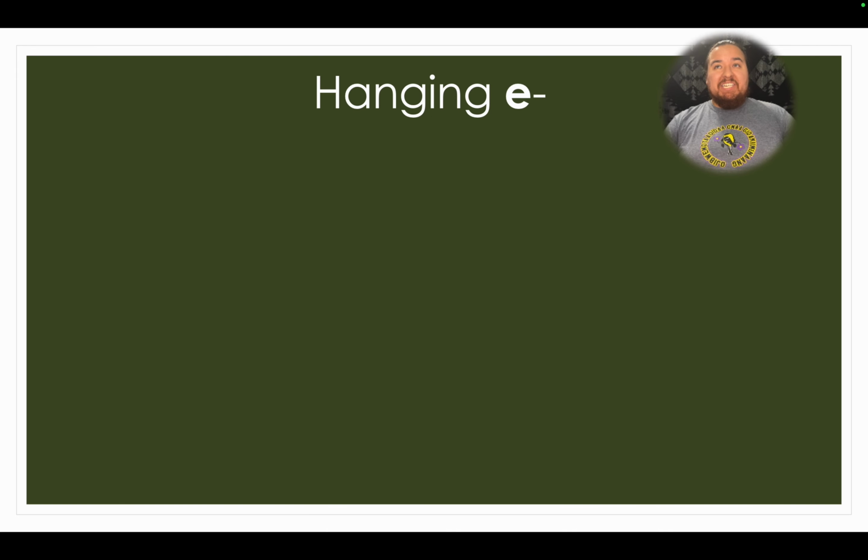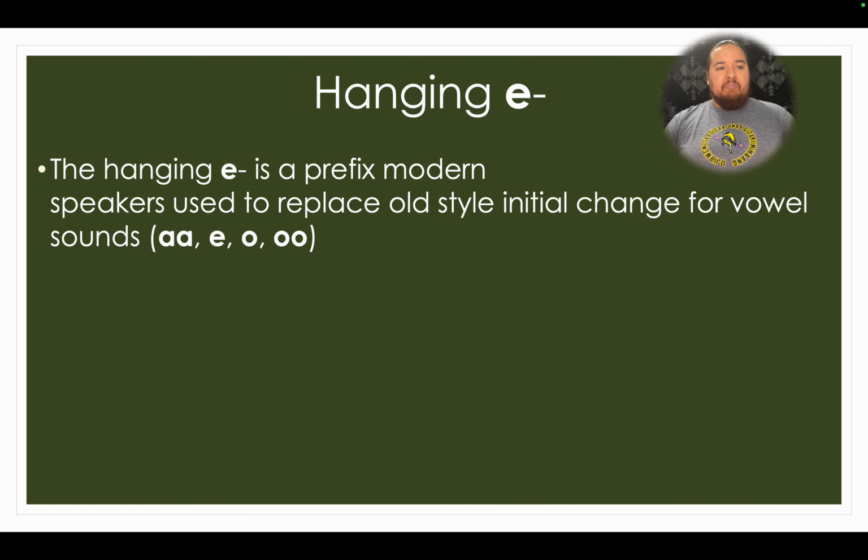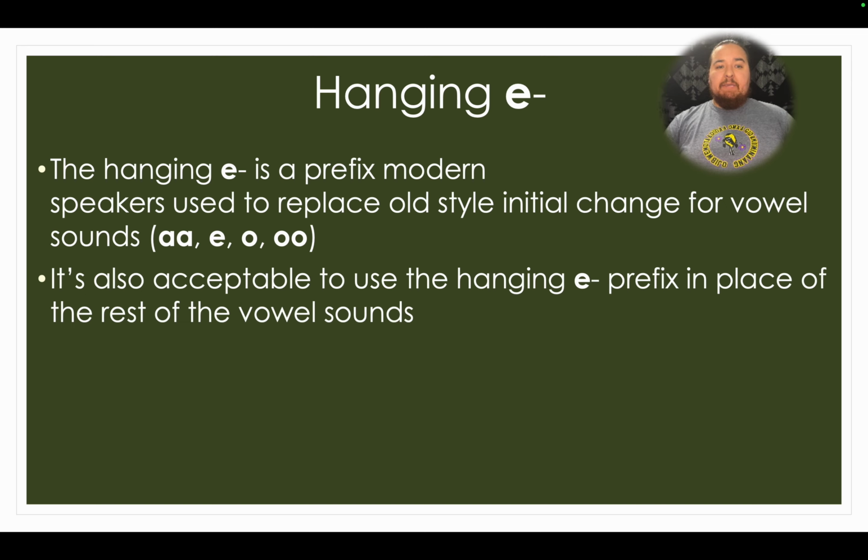So we mentioned hanging E a few times here, so we're going to cover that now. So the hanging E is a prefix modern speakers use to replace old-style initial change for vowel sounds double A, E, single O, and double O. It is also acceptable to use the hanging E prefix in place of the rest of the vowel sounds.